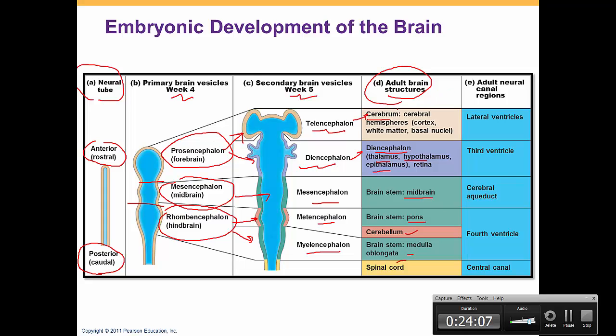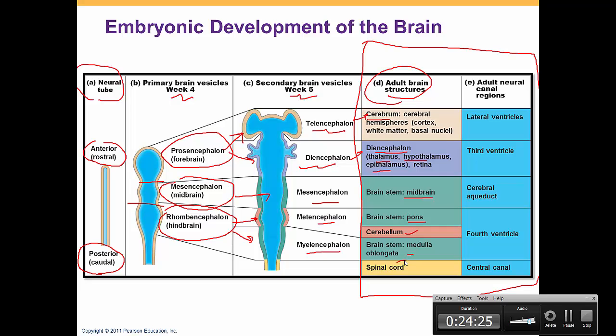Now, I understand that this is very difficult, and what I want you to know basically is these two sides of the table. I just want you to be aware of the embryological origin. You don't have to know this by heart. Just know, please know these parts here.